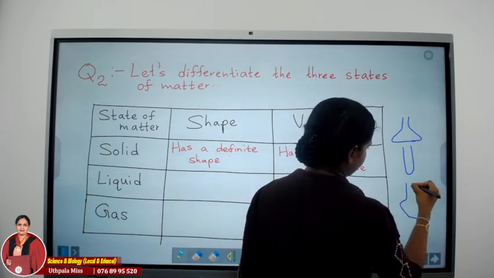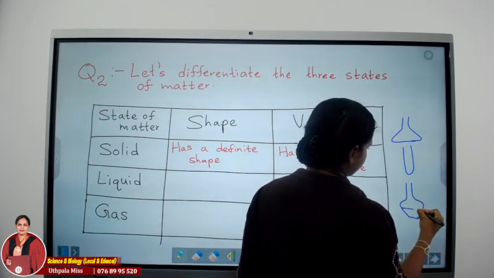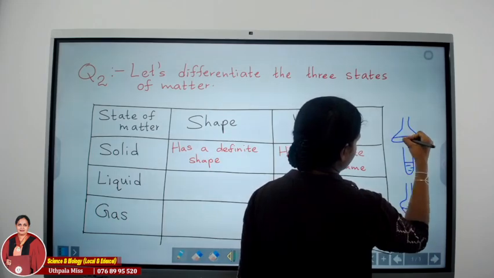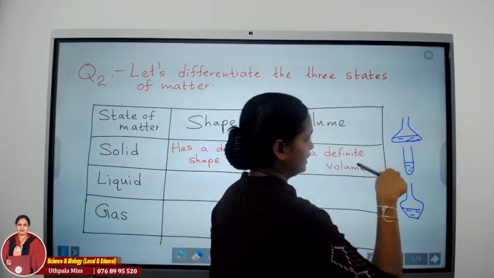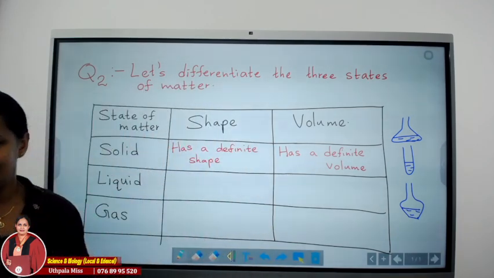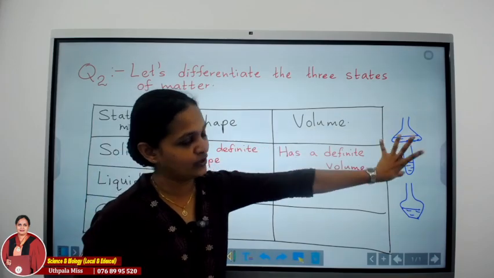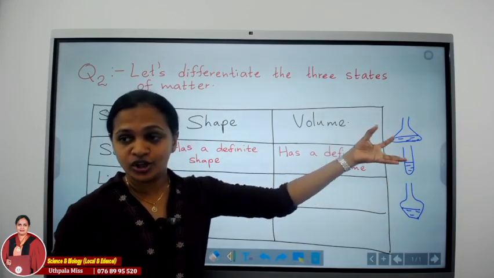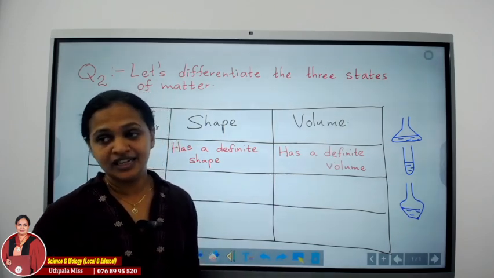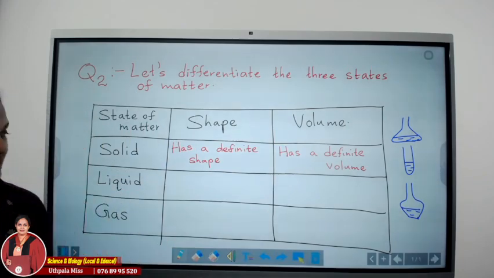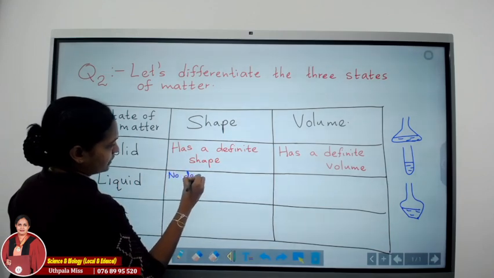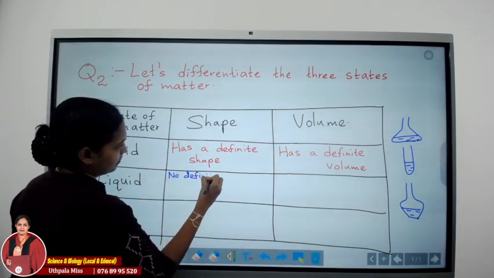Differently shaped containers in the laboratory. So the same volume, but the shape is different. It takes the shape of the occupied space of the container, right? Not the whole shape of the whole container, but the occupied space of the container. It does not have a definite shape, right? So you can say no definite shape.